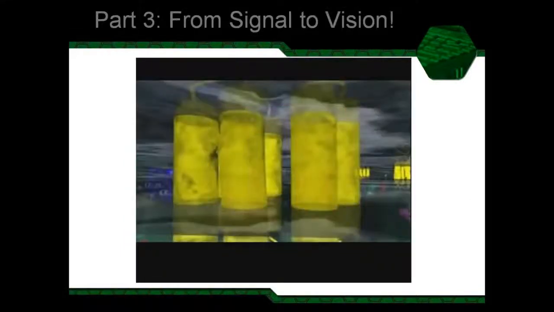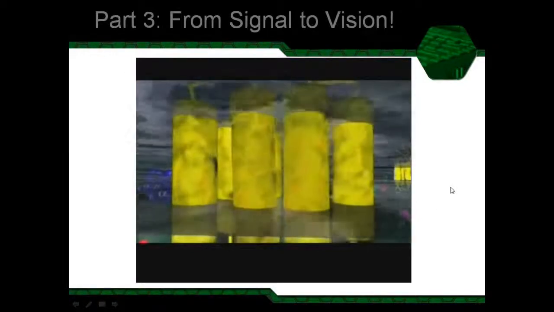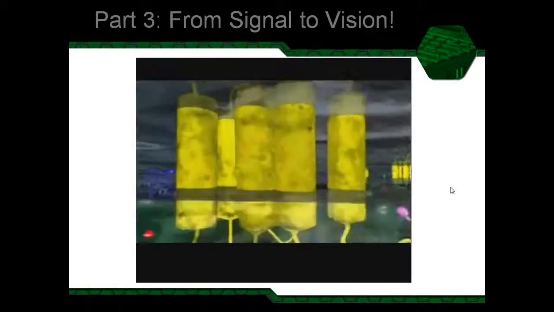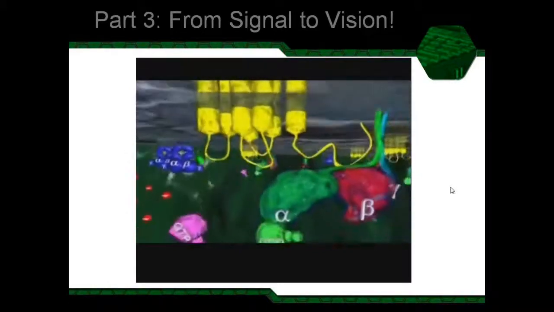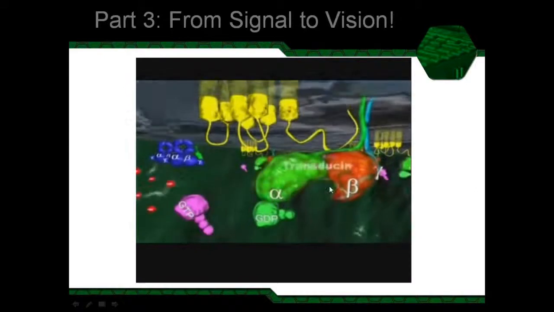Okay, so now we move on. How do we get from there to a transmission of the signal to the visual cortex? Well, the chemical process that I mentioned just a moment ago continues. Rhodopsin binds to and activates the G protein transducin, seen here.